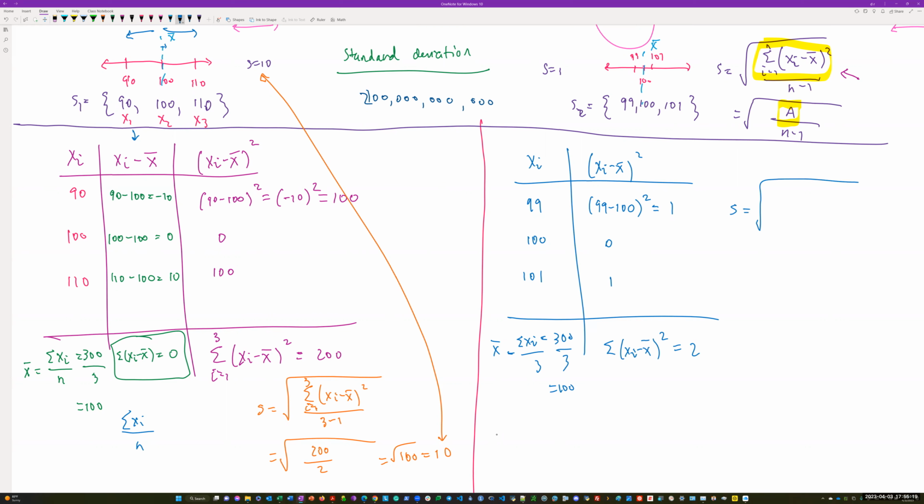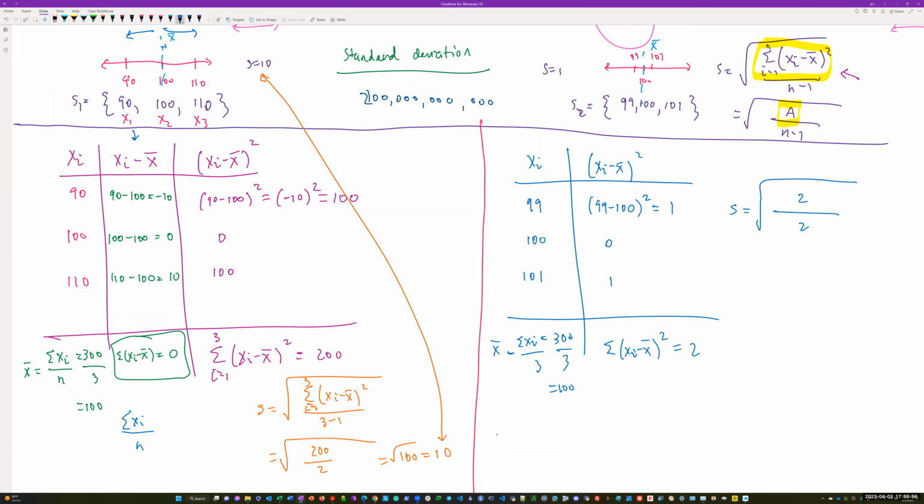What do I write here? Square root of what? 1 is the correct answer.